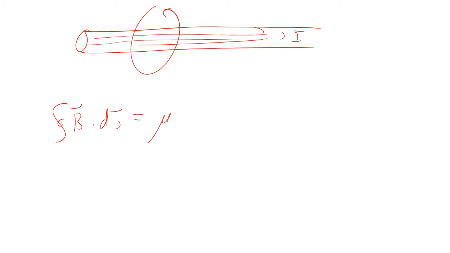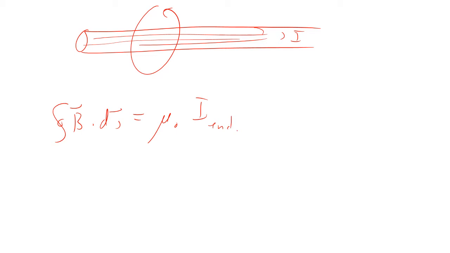So outside the wire, it's symmetric, and this might not be a wire, but it might be like a cylinder of electrical conductor. Now we know the magnetic field is going to be looping around. So the integral of B dot ds is mu naught times I enclosed. Straightforward.